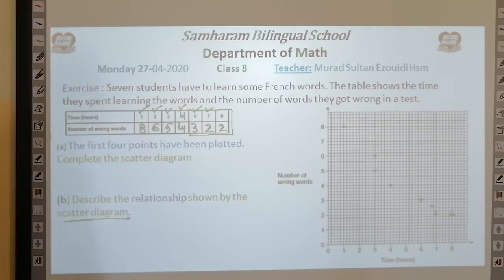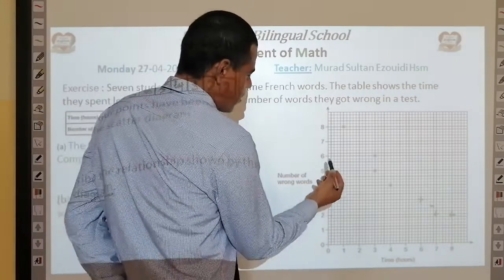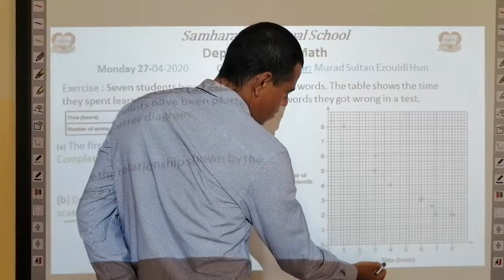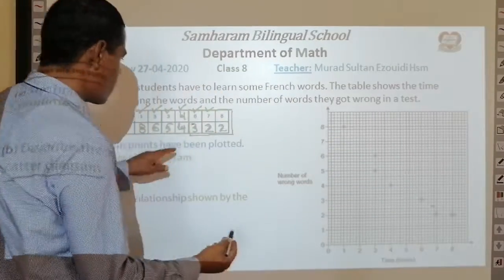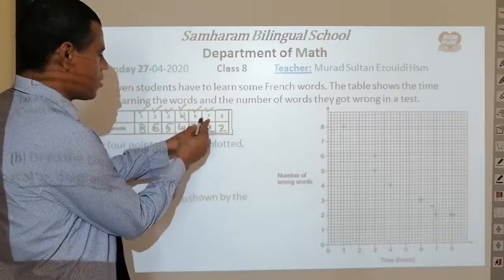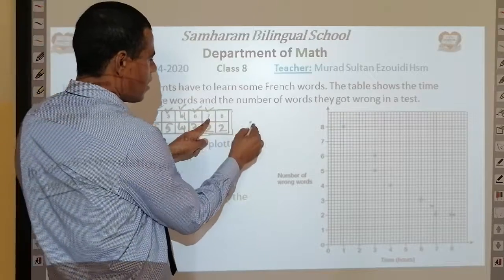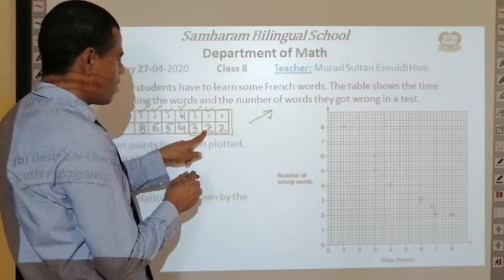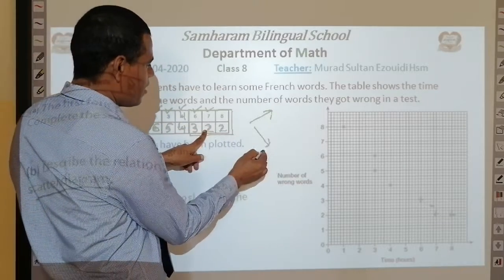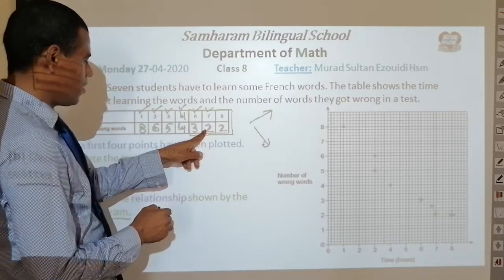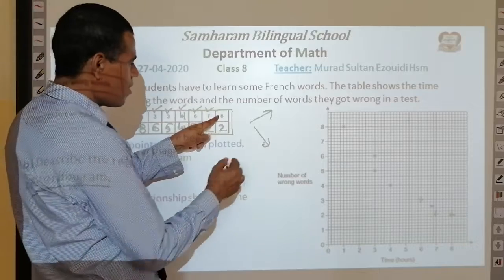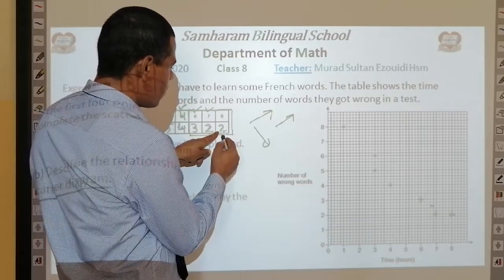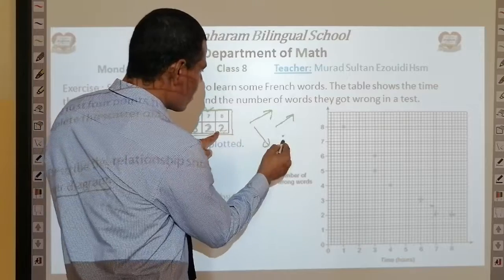So you can see that when the number of hours is increasing, the number of mistakes is decreasing. And here too, the number of hours is increasing and the number of wrong words is decreasing.